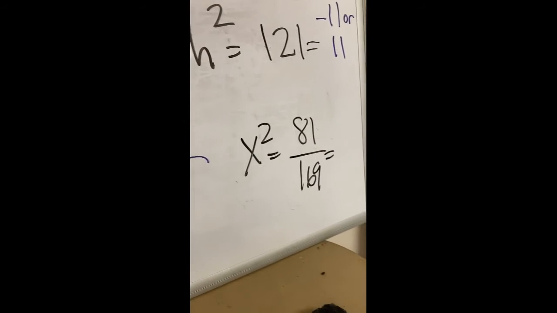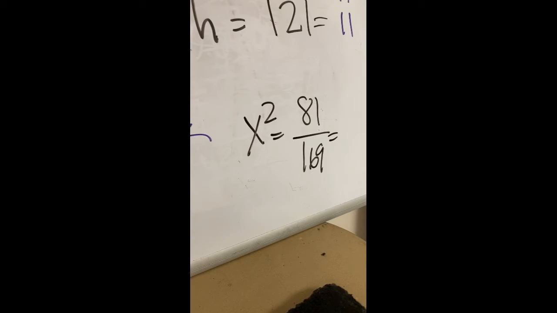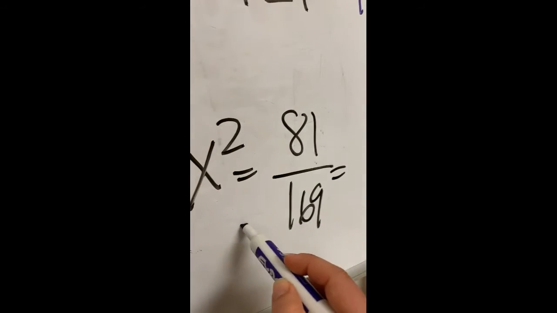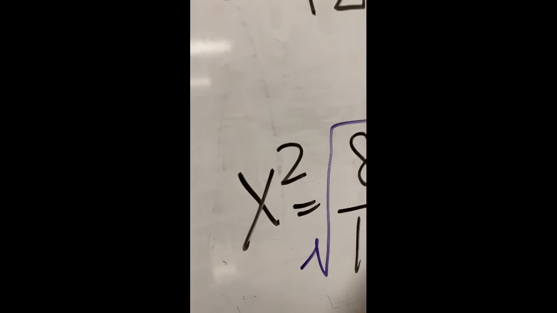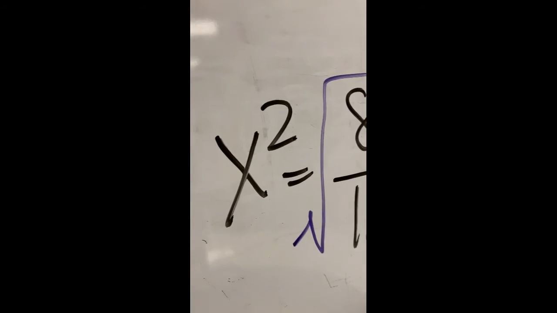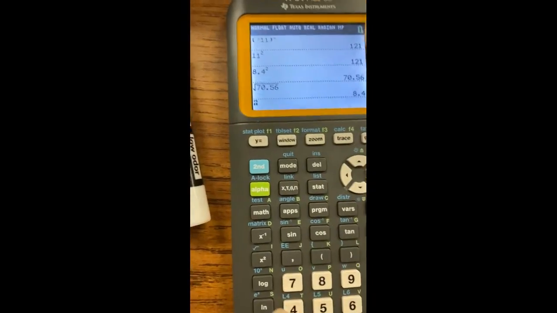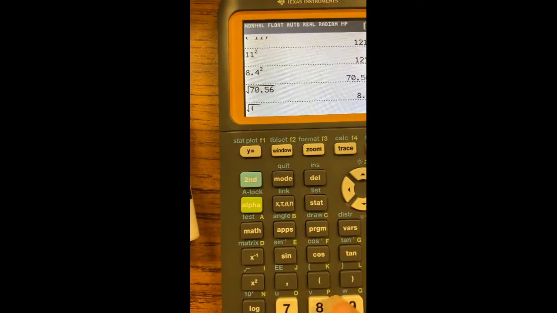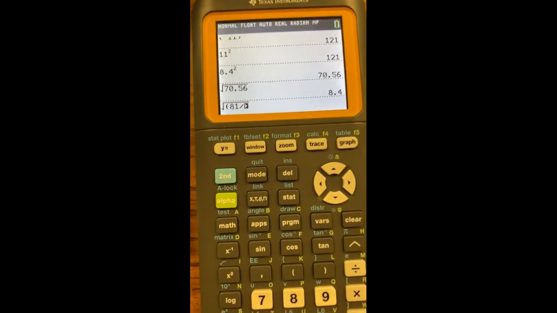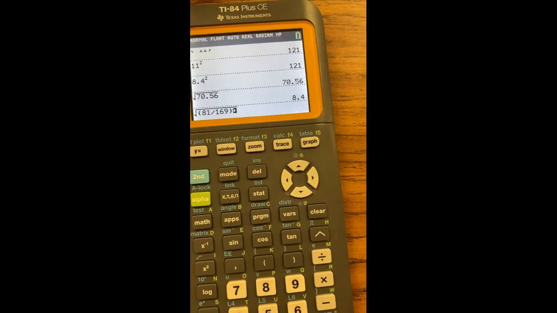All right, next, our last one is x squared is equal to 81 over 169. So what we want to do is take the square root of this to get that, and we know, just like before, our answer is either going to be negative or positive, right? Okay. So we're going to do second square root, and it is a fraction, 81 divided by 169, and enter.